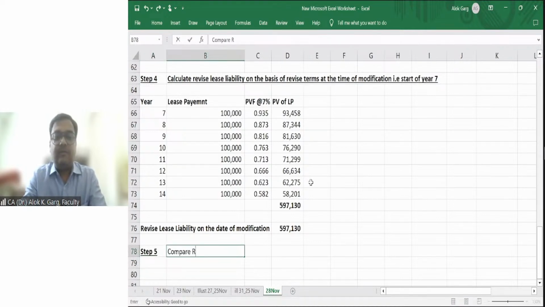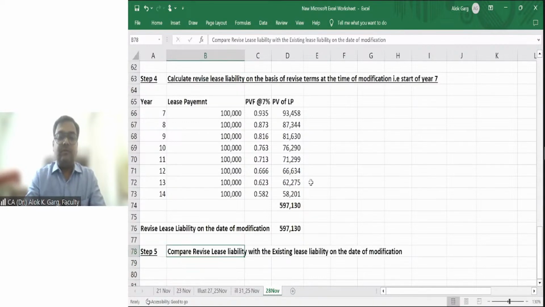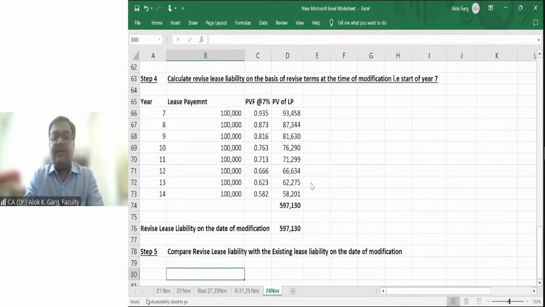Compare revised lease liability with the existing lease liability on the date of modification. Right? What is my revised lease liability? 597130.